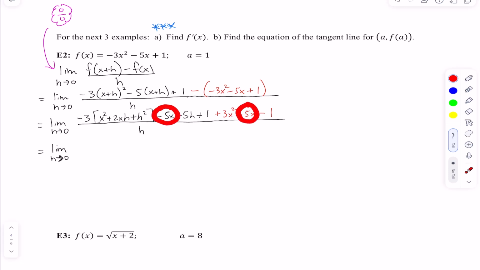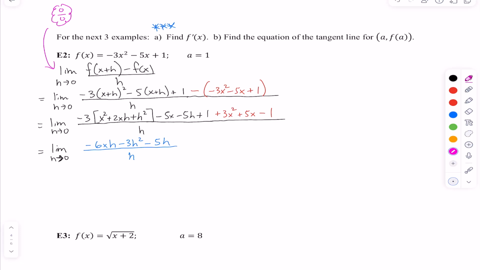This term and this term will add up to 0. And this term and this term will add up to 0. So what do we really have left? That's really what we have left.